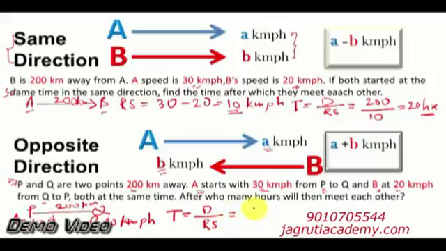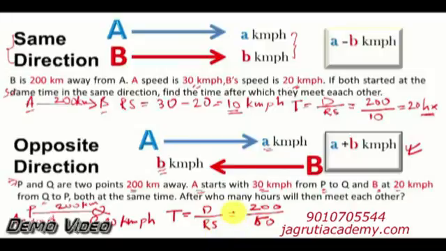The distance between A and B is 200 kilometer, and as they are moving in opposite directions, I should take A plus B kilometer per hour. A's speed is 30 kilometer per hour, B's speed is 20 kilometer per hour. Therefore A plus B, that is 30 plus 20, 50 kilometer per hour. So take the relative speed as 50.